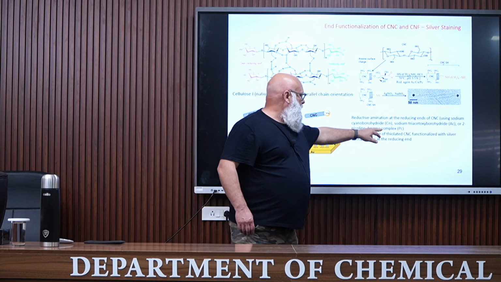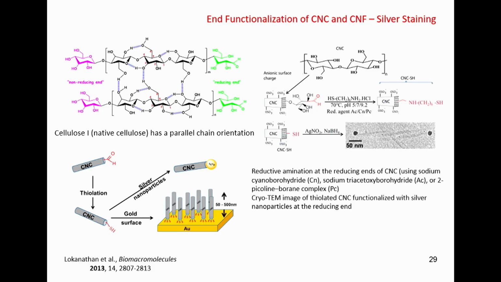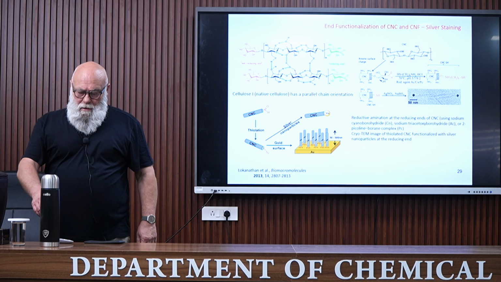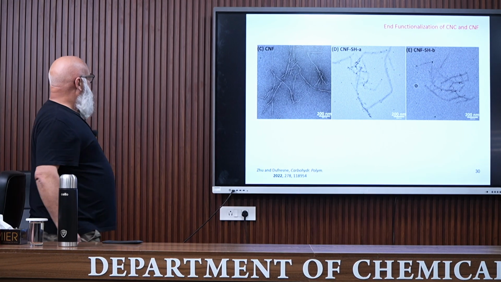So after chemical modification of the reducing end of the nanoparticles, it's possible to functionalize with silver nanoparticles at the reducing end. And we can then observe these nanoparticles by microscopy.